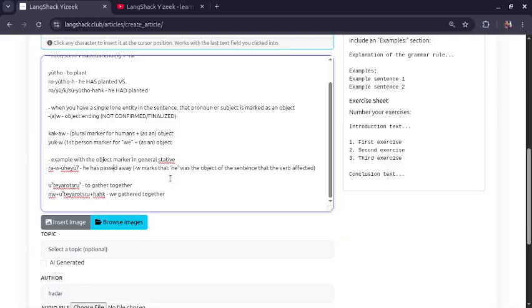So I don't know if it's for all actions, because there's an object marker for humans, and also a non-human marker as well. I've seen sentences where you have the person with the pronouns attached, but then you have a non-human object marker because the thing they're doing something to is inanimate. That's the only thing I can think of.